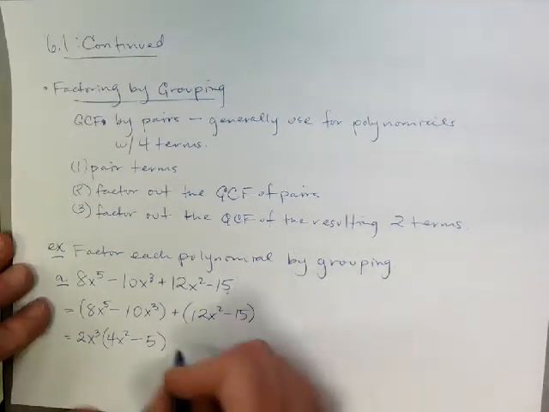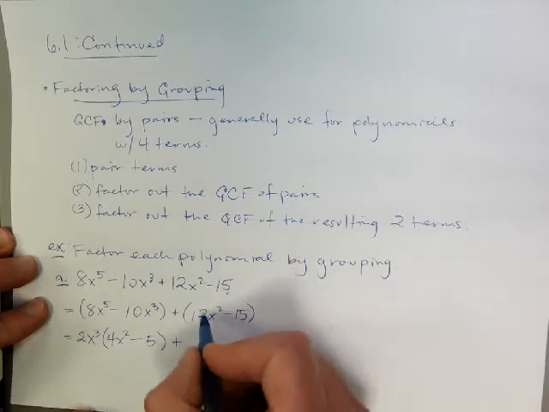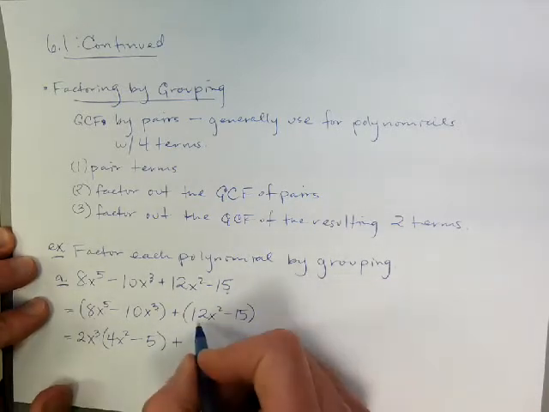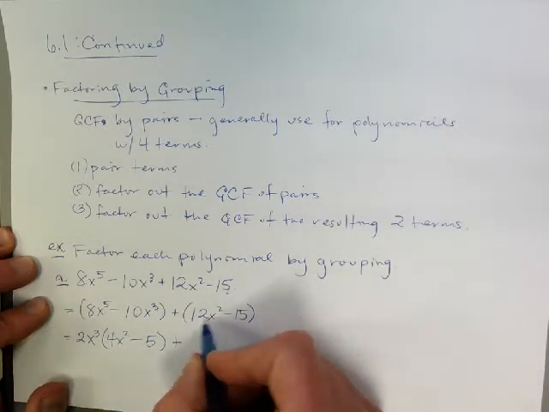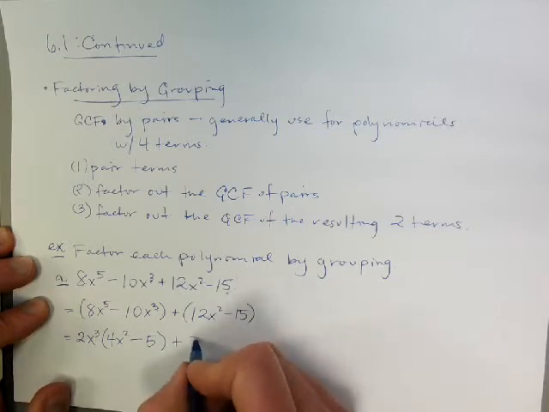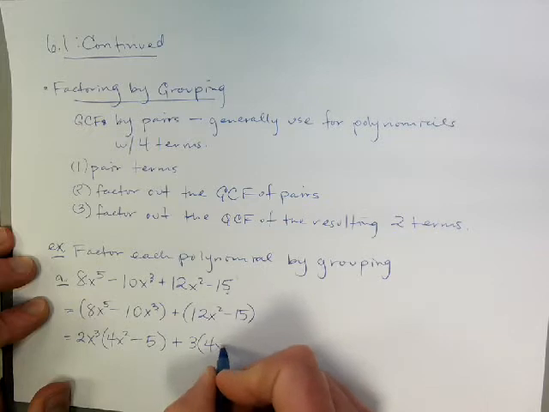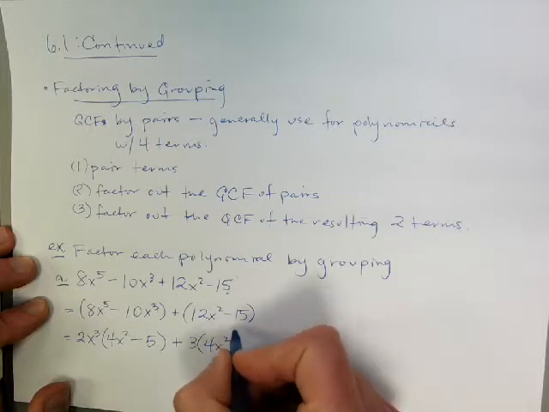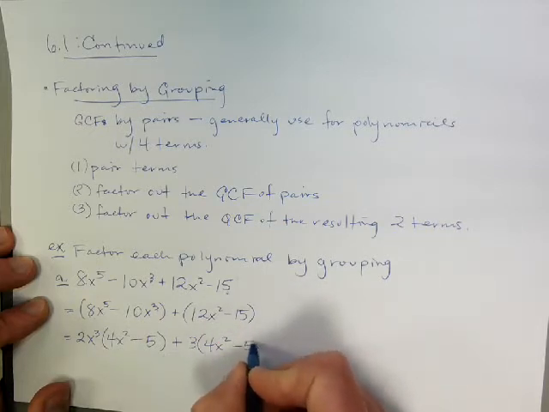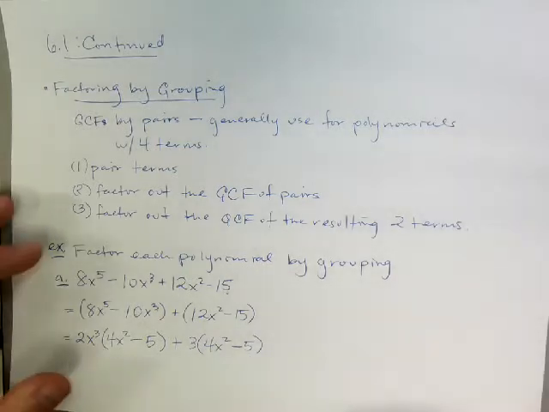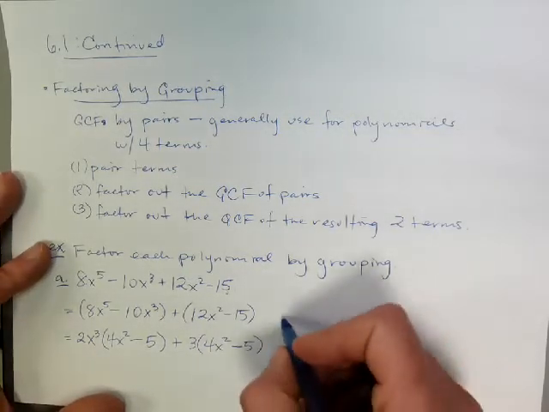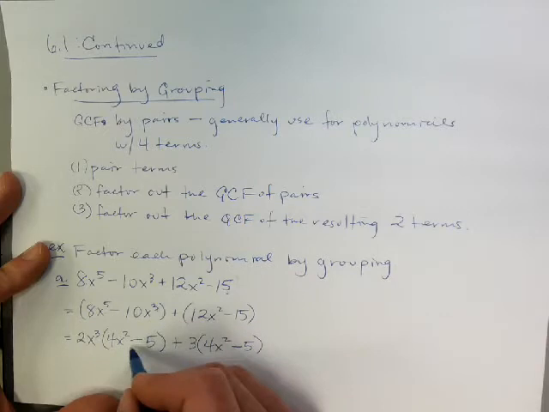Okay. Then we need to do the same thing to this pair here. So maybe notice that these are both divisible by 3. 12x squared divided by 3 will leave a 4x squared. Minus 15 divided by 3 will leave a negative 5. All right, so we factored out the GCF of the pairs.